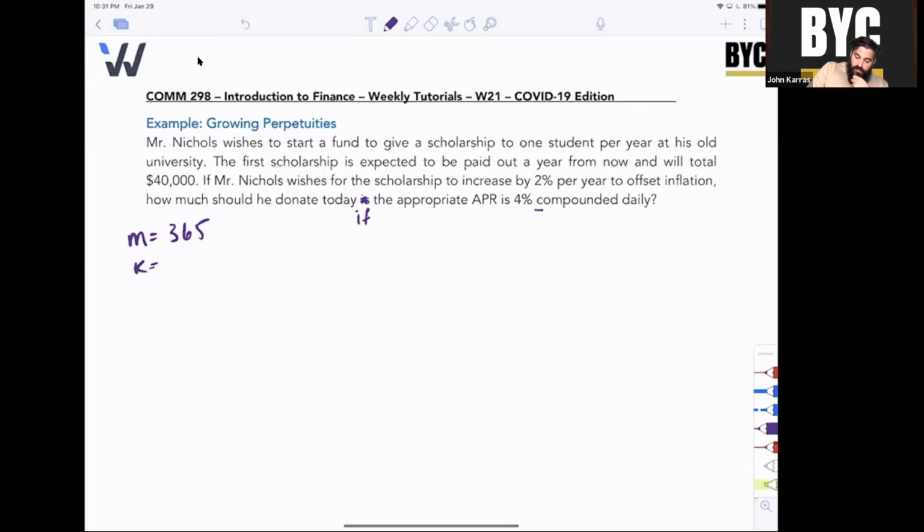We said it here, compounded daily. If the scholarship is going to pay out annually, so once per year, your K is 1.